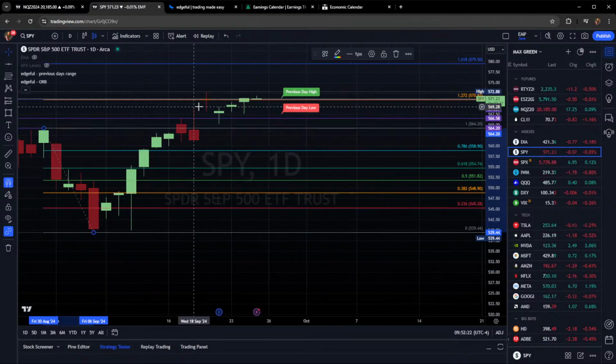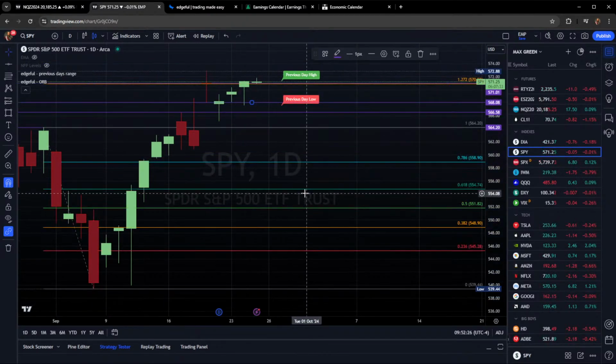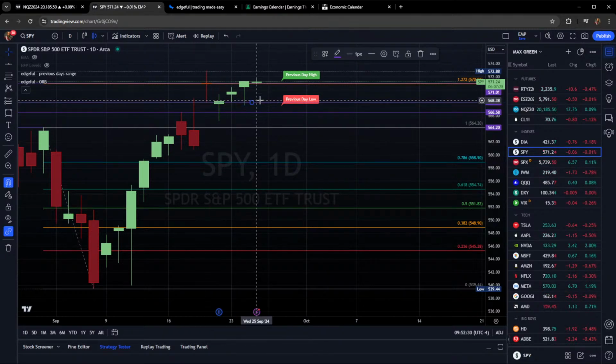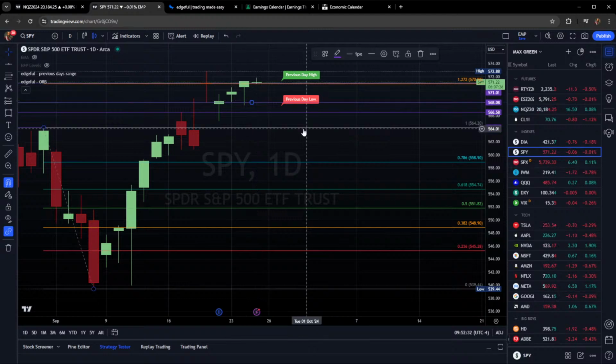And if you look, we can almost put it on this low right here, so we'll just call it 568. That area, if this breaks, then we're looking for down here.